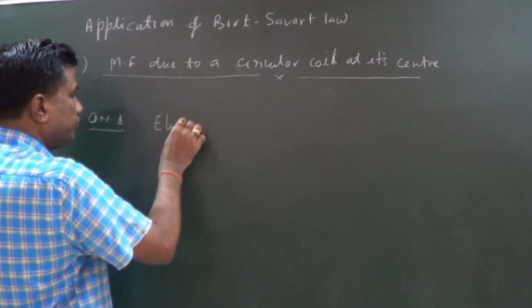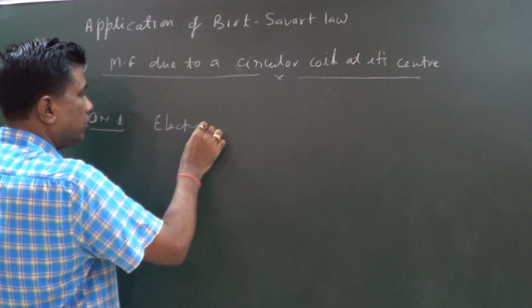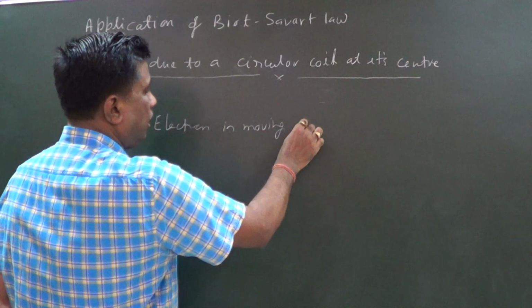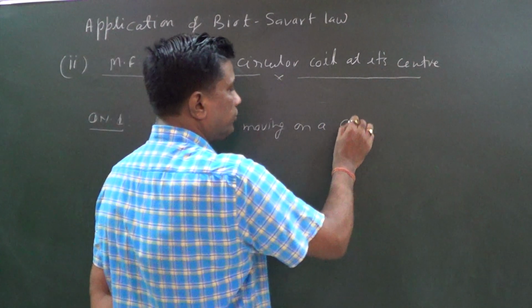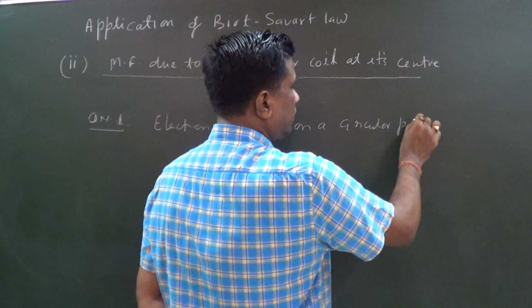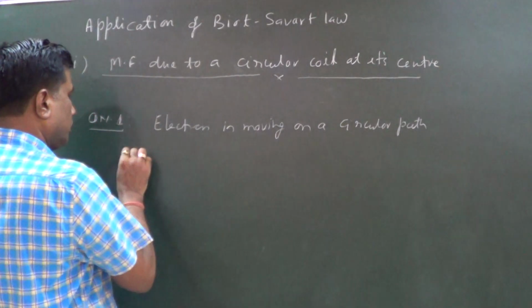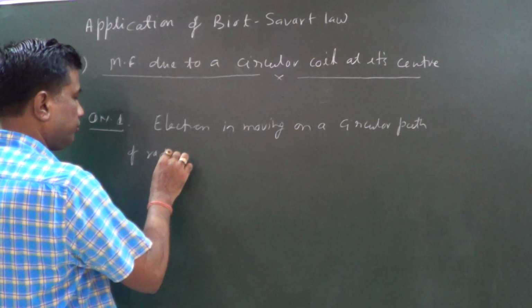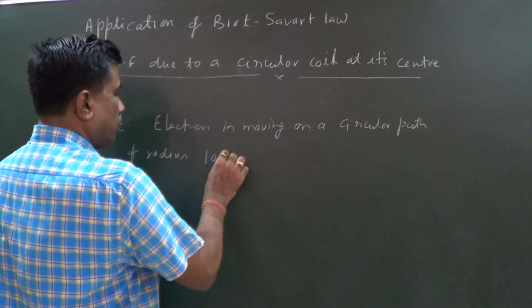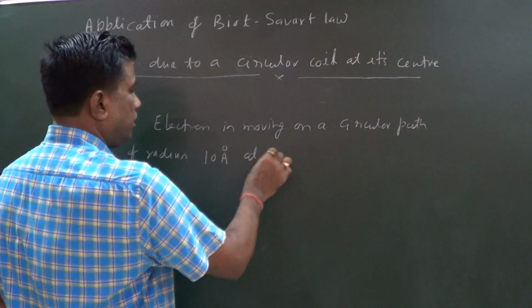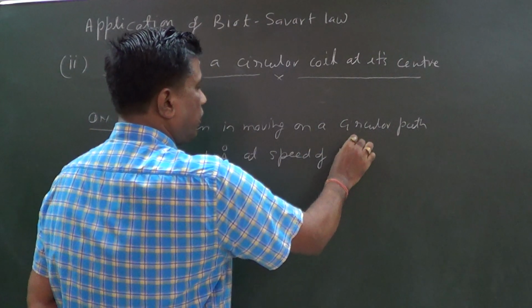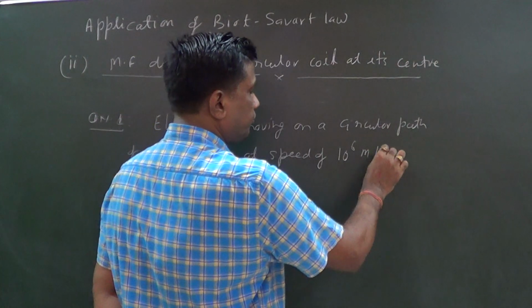An electron is moving on a circular path of radius 10 angstrom at a speed of 10 to the power 6 meter per second.